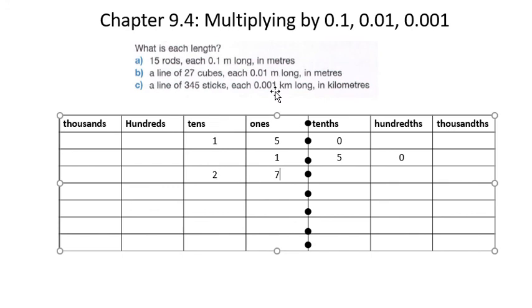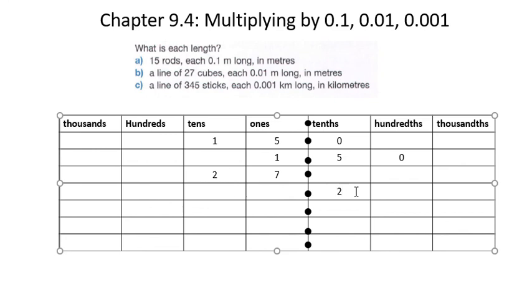But now we're being asked to do 27 times 0.01. So my 2, if I take a 10th of my 2, that would be 2 ones, but we don't want a 10th of 2. We want a 100th of 2. So we're going to move it over twice into this column.